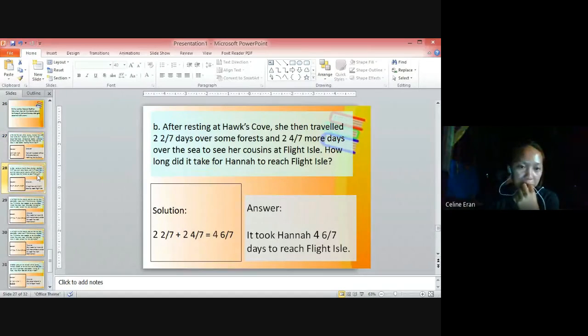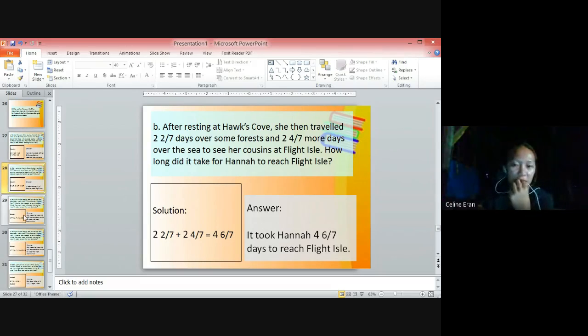Letter B. After resting at Hawks Cove, she then traveled 2 and 2 over 7 days over some forests, and 2 and 4 over 7 more days over the sea to see her cousin at Flight Isle. How long did it take for Hannah to reach Flight Isle?